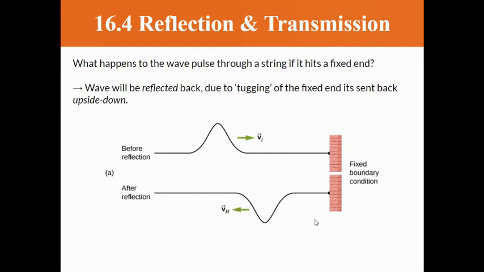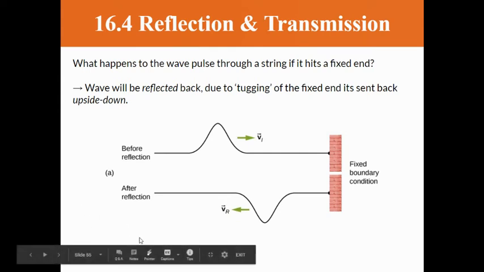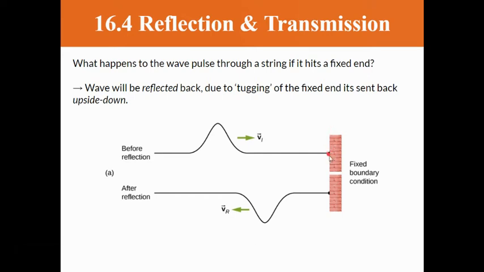And what will actually happen is that you'll see the wave go to the right and then get reflected back upside down. Because as the wave on top begins to reach the wall, it's going to try to tug at the joint. The pulse is going to try to shake and move the joint up.